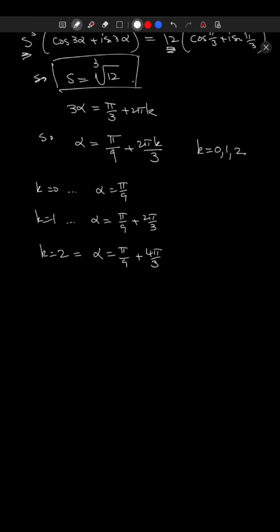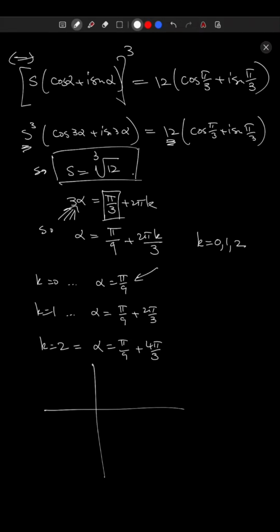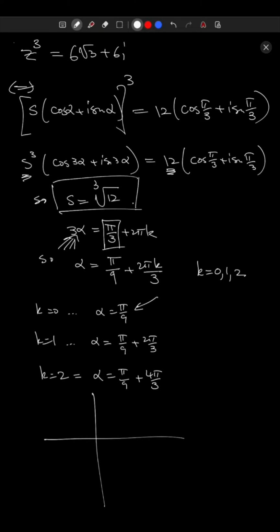Okay, why did I want to write this out? So that we can take a look at a picture. So alpha is pi over 9, right? What's pi over 9? The way we got pi over 9 was we divided our original angle, pi over 3, by 3, right? So what I mean by original angle is the angle for the right-hand side, for this 6 root 3 plus 6i.